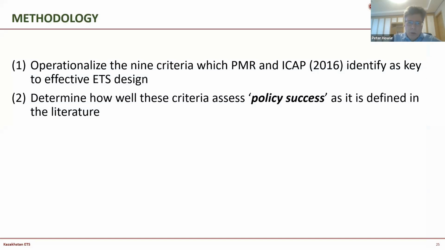And what we did is we tried to assess how these criteria map into the policy success typology. And on top of that, we operationalized these 9 criteria and analyzed each of the Korean ETS and the Kazakh ETS with respect to the 9 criteria.